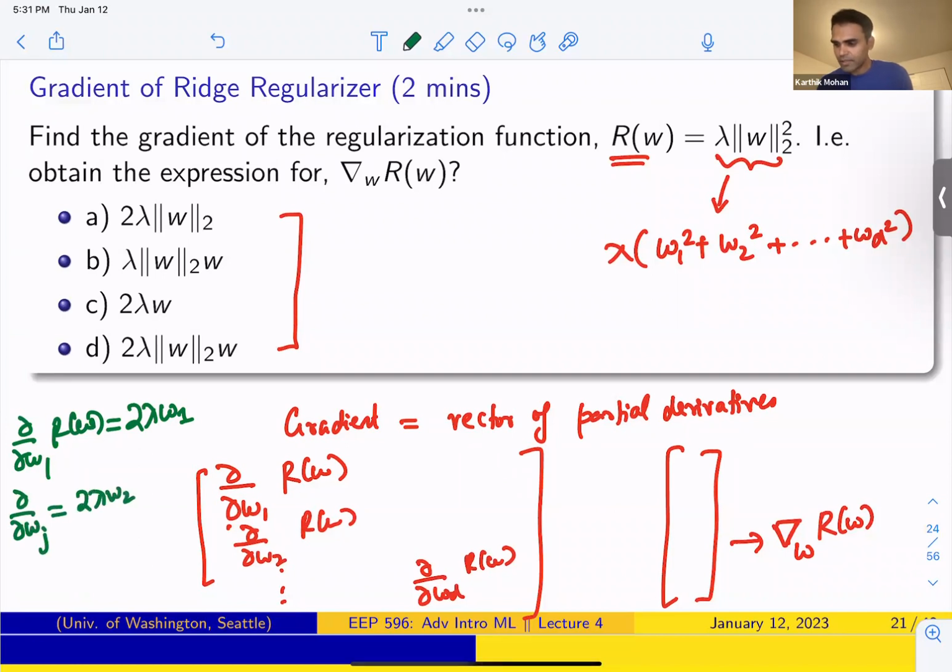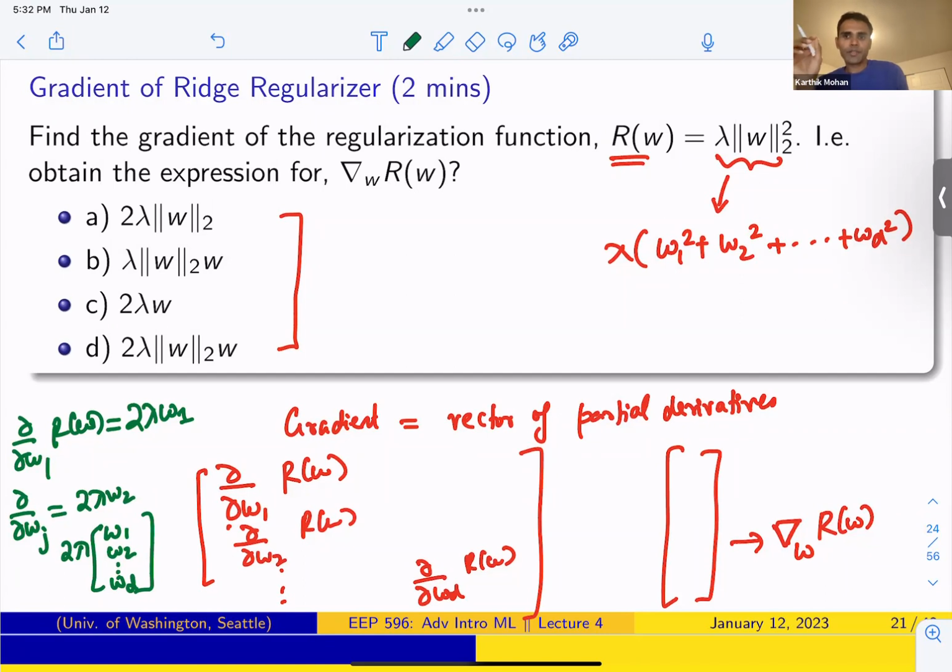So this tells us that you can pull the 2 lambda out and you get W1, W2, up to WD, right? So it's 2 lambda times this vector, and this is just W, because W is the vector of the elements W1, W2, W3. So a little bit confusing. If you think of W as a scalar, W is actually a vector, and W1 is a scalar, W2 is a scalar, WD is a scalar.